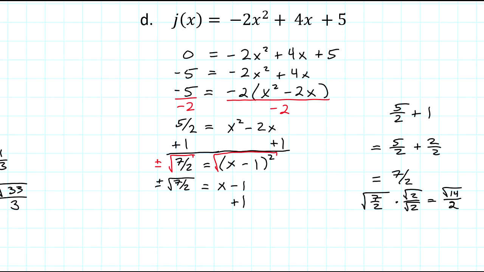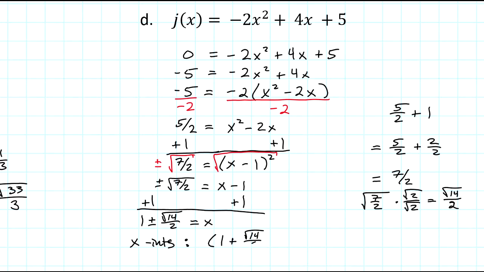So when I come back to my equation and add 1 to both sides, I can write that as 1 plus or minus the square root of 14 over 2 equals x. So our x-intercepts are the points 1 plus the square root of 14 over 2, comma 0, and 1 minus the square root of 14 over 2, comma 0.